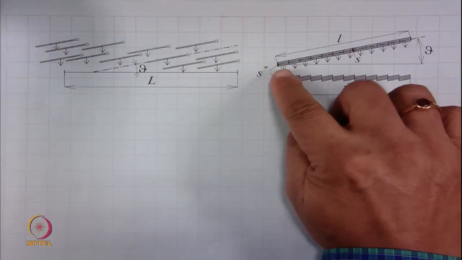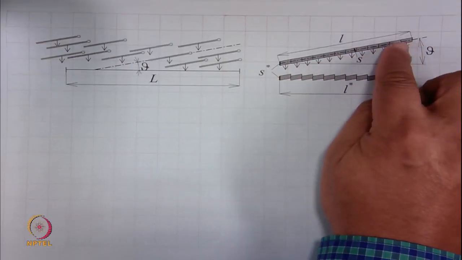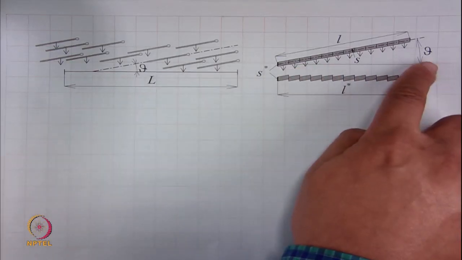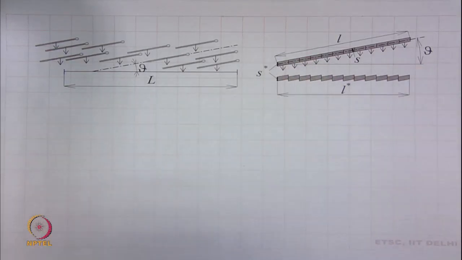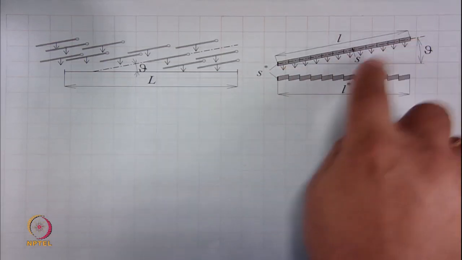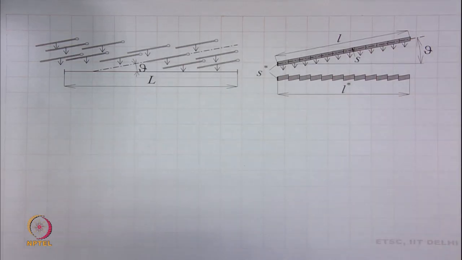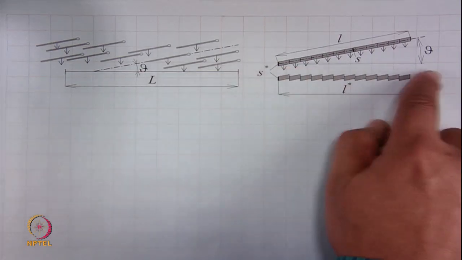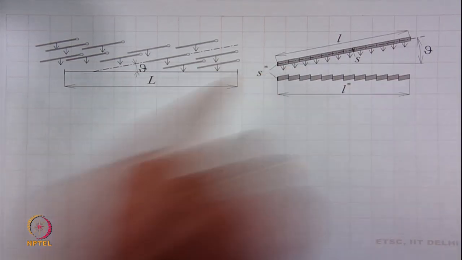What you see here, a fiber of length L, which is also inclined at an angle theta from the axis. What do we do? The cross sectional area of this fiber is S, but the sectional area perpendicular to the axis of this fiber is S star.